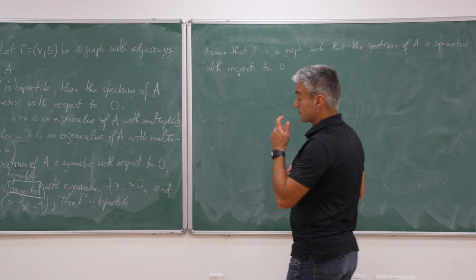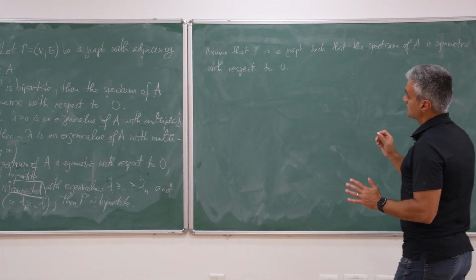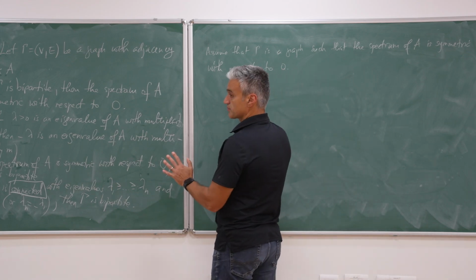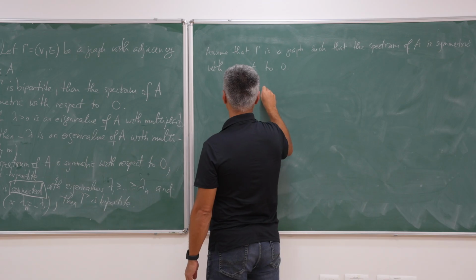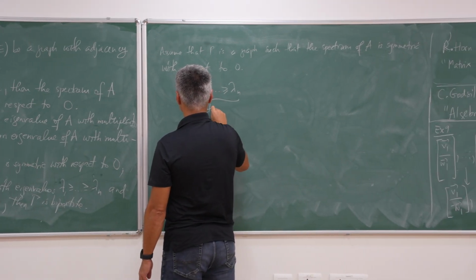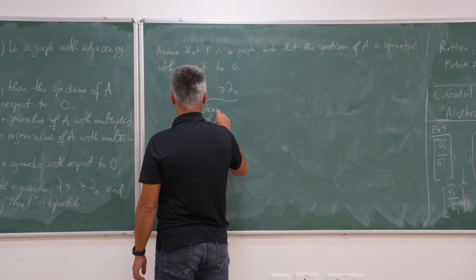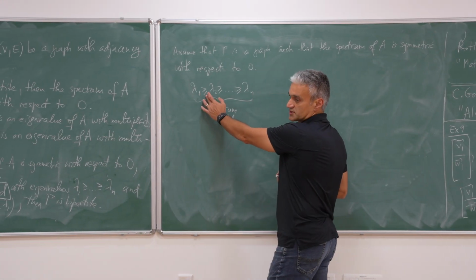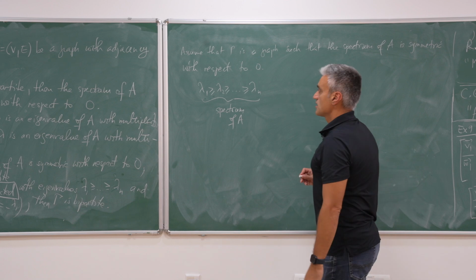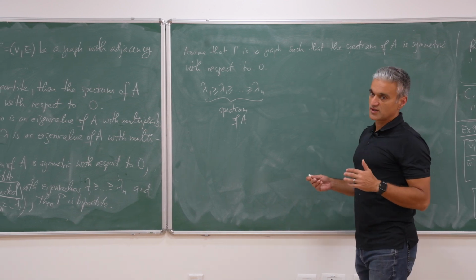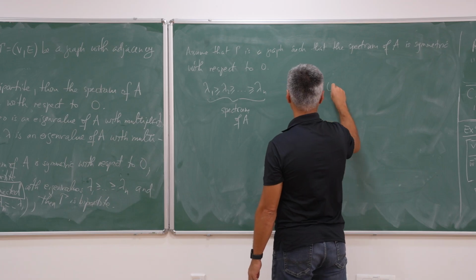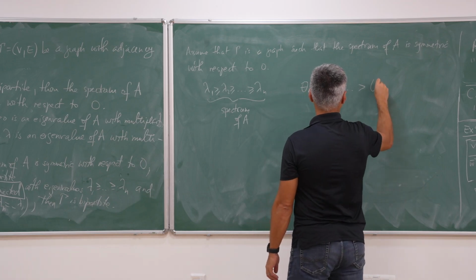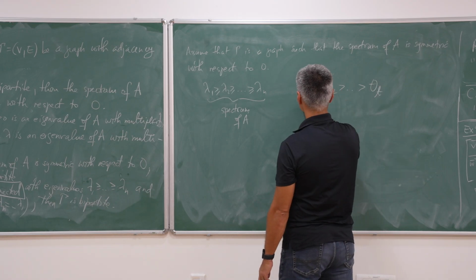I will use a slightly different notation now. The usual notation I use, when I don't care about repeated eigenvalues, is the spectrum of A, and here I can repeat eigenvalues, which is why I put greater or equal to. If you want to look at the distinct eigenvalues, then I will use a notation more like theta 1 strictly greater than theta 2, strictly greater than, say, theta t.